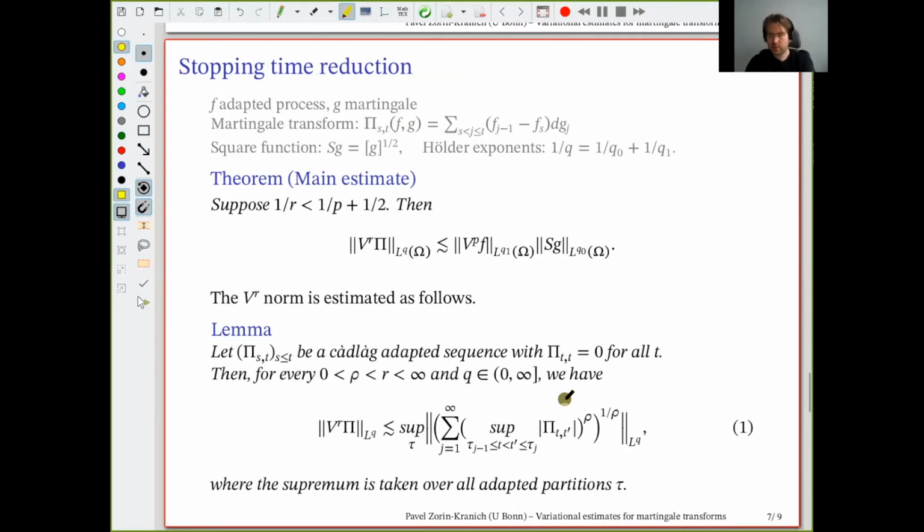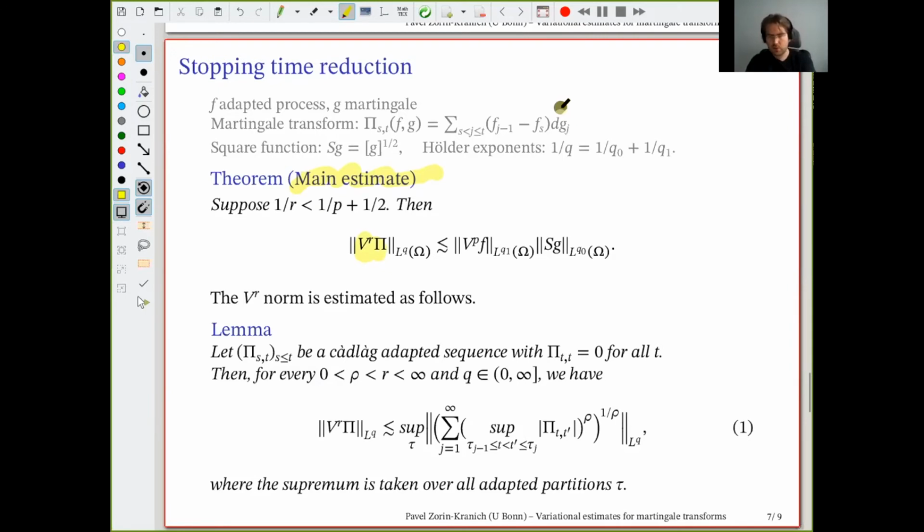Okay, and then I can say a few words about the techniques that we use. Our main objective is this estimate here. We want to bound the R variation of something, and the variation is inside the L^q norm. There's a stopping time argument which allows you to get rid of this R variation inside, in some sense.